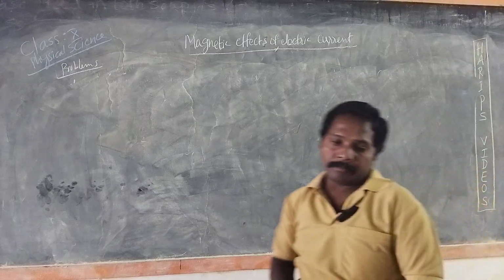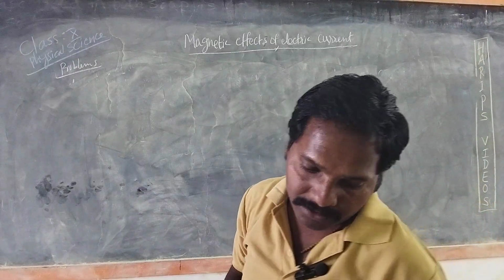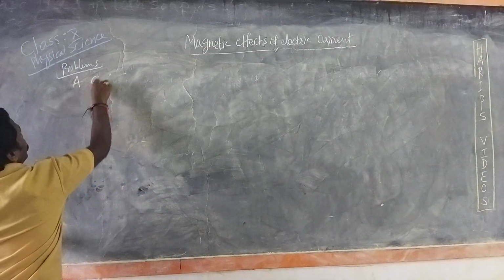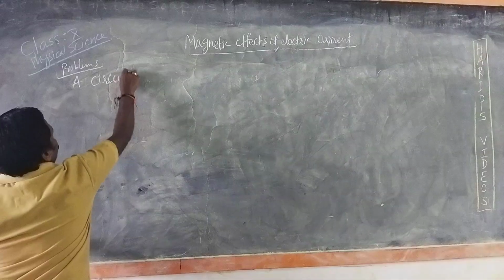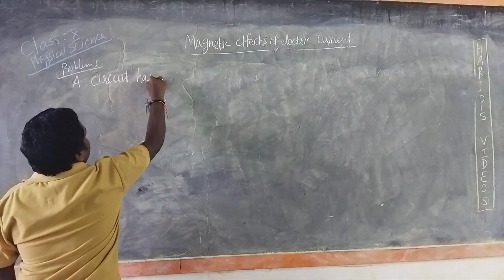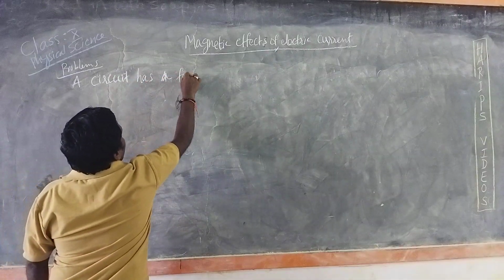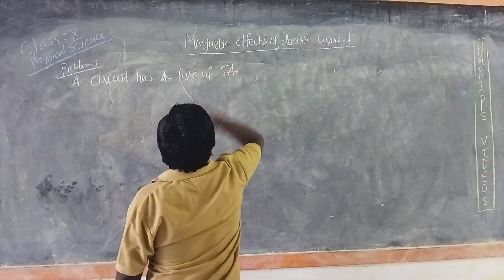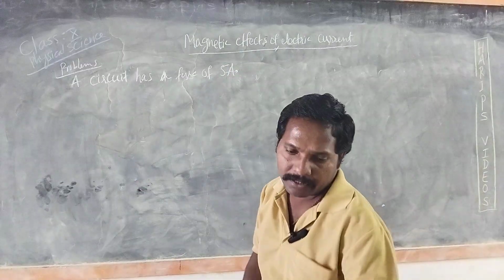The second problem. A circuit has a fuse of 5 amperes.